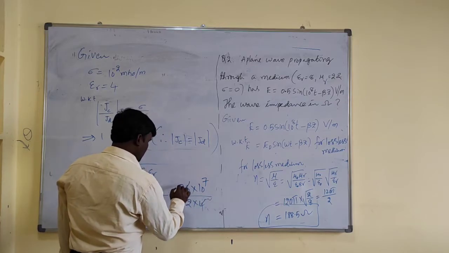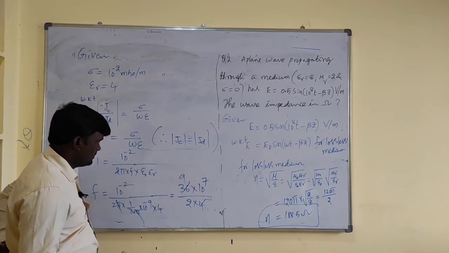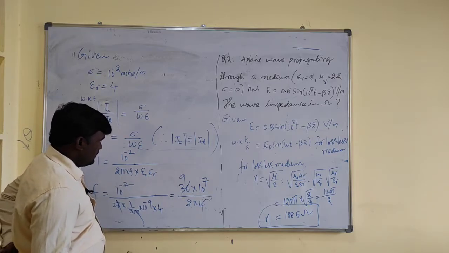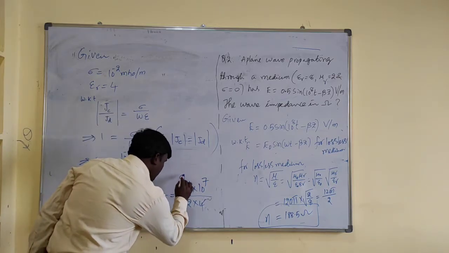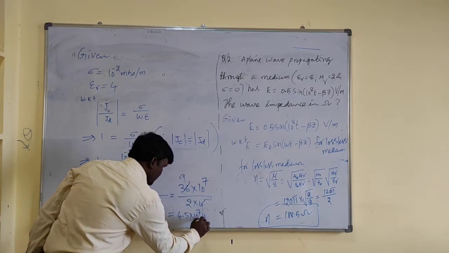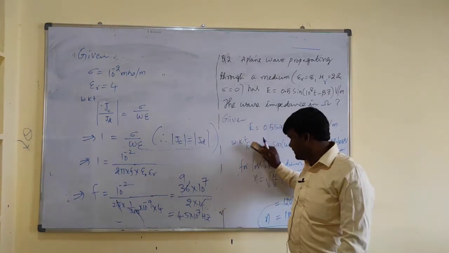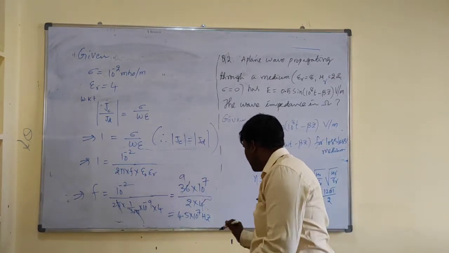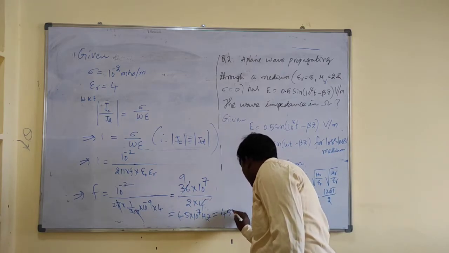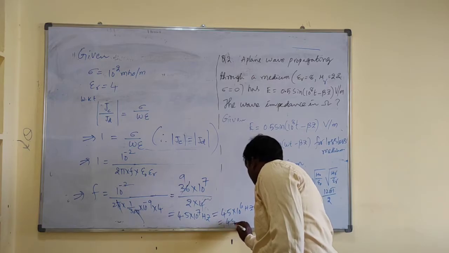Here we will cancel 9 times, and this can be written as 9 by 2, which is 4.5 into 10 to the power 7 hertz, or else we can write the simplified one as 45 into 10 to the power 6 hertz, or simply 45 megahertz.